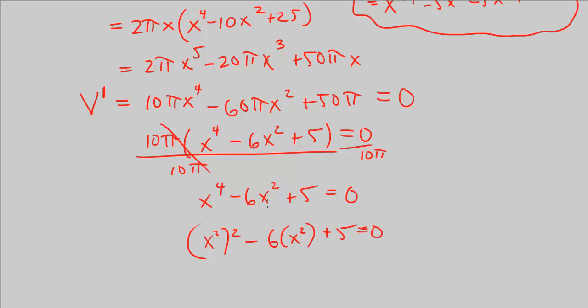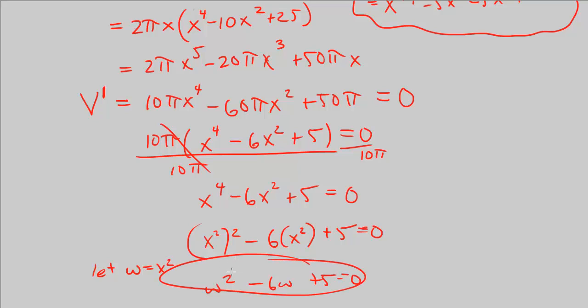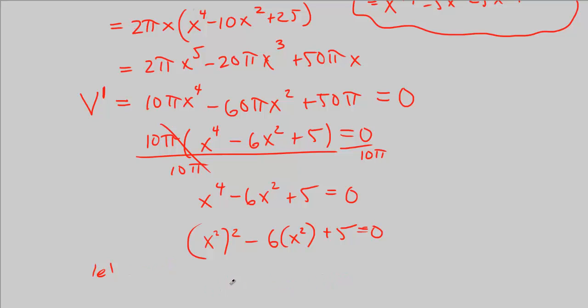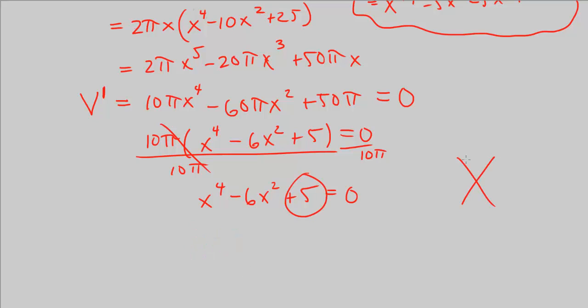So now you can consider it like a quadratic. If you were to let w equal x squared, then you can say this is w squared minus 6w plus 5 equals 0, right? So you can factor it using the quadratic equation, or you don't need to do it like that. I'm going to show you a different way. You can go ahead and use the x method. You want to get numbers that multiply together to get 5 and add together to get negative 6.